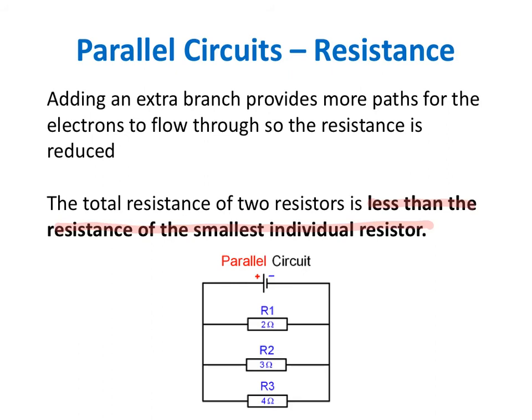So if we look at this example in front of us, R1 is 2 ohms, R2 is 3 ohms, R3 is 4 ohms. The total resistance is going to be less than 2 ohms. So it's less than the smallest individual resistor.